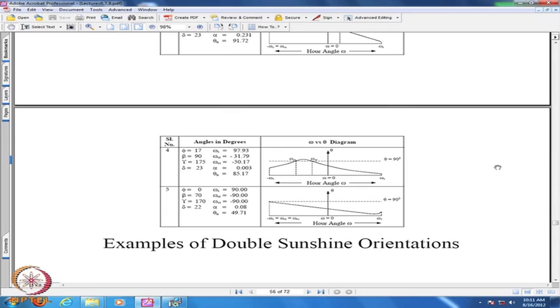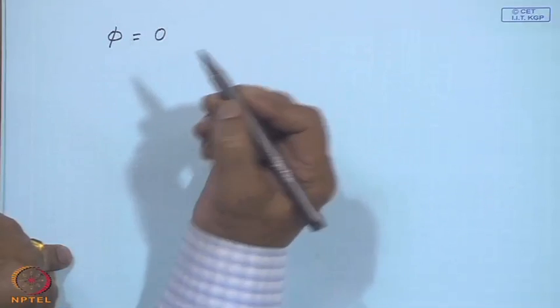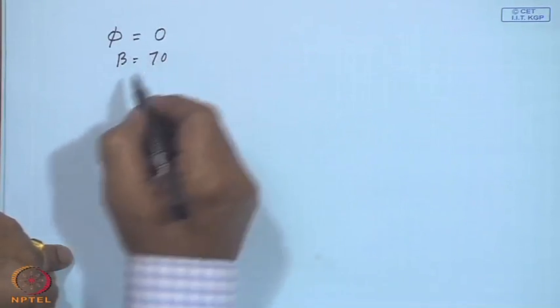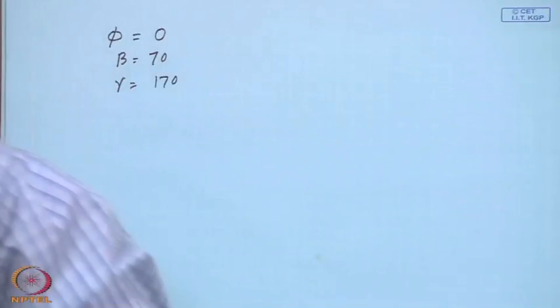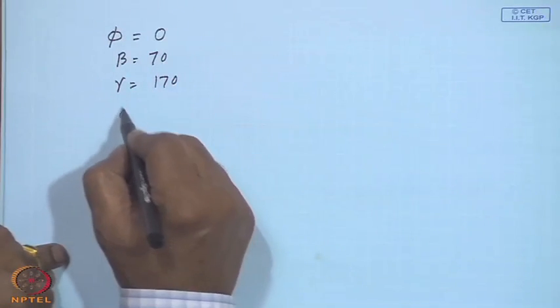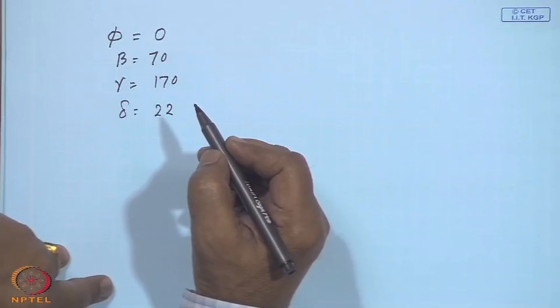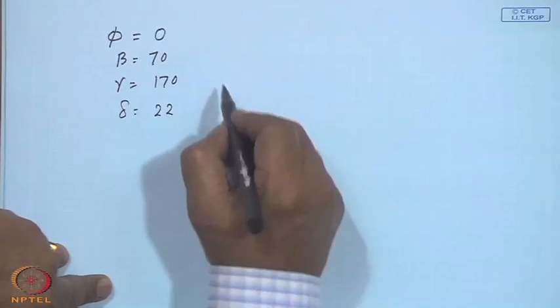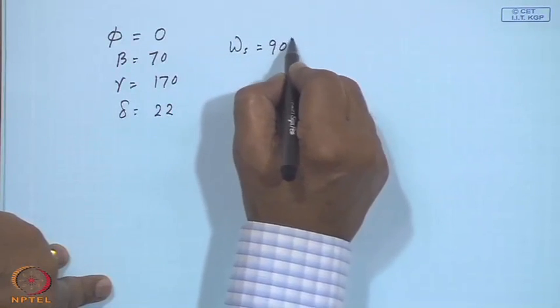is a peculiar situation. You have equator, phi equal to 0, and beta of 70, gamma of 170, that means almost towards north, and declination of 22. Now, first of all you can see this phi and delta 22 is fine. So, you have omega s 90 degrees.